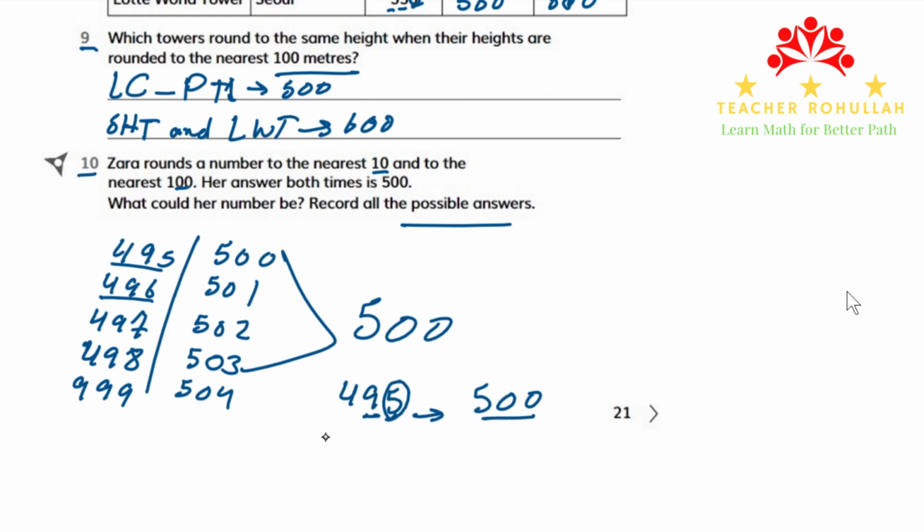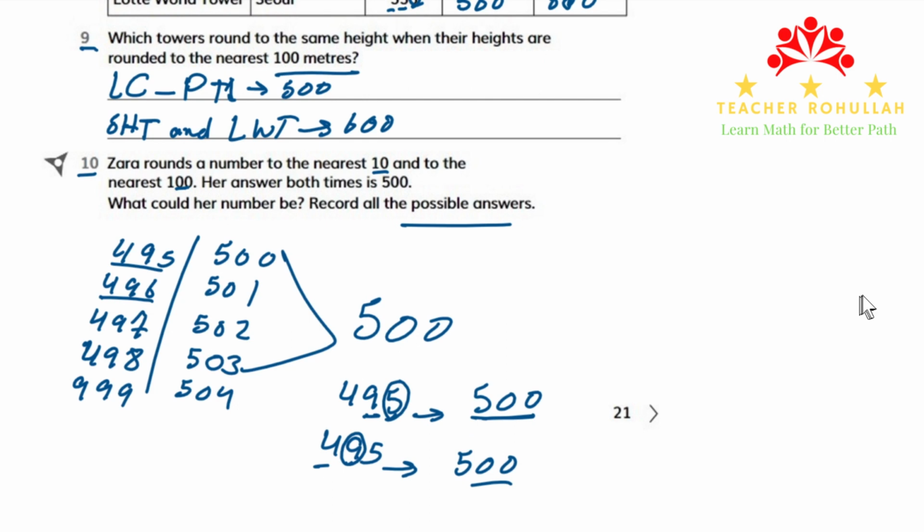At the same time, if we round 495 to the nearest 100, we see that 9 in the tens place is 5 or more, so 495 rounds to 500. All other numbers the same way round to 500 when they are rounding to the nearest 10 or to the nearest hundreds.